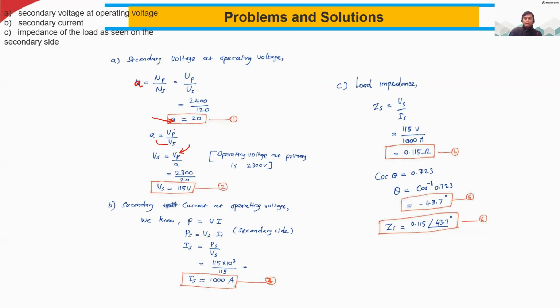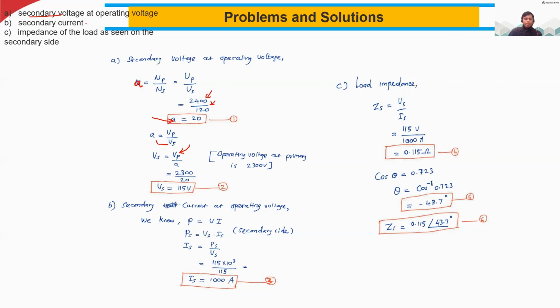But when we calculate the turns ratio, we have to use the original input and output, because based on the turns, this voltage will vary. But of course, the transformer can be operated at different values. So 2300 divided by 20, that is the VS. We have 115 volt. So that is what was asked in the question, the secondary voltage at operating voltage.